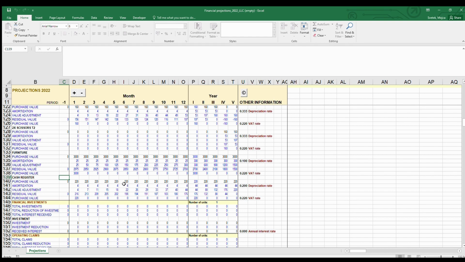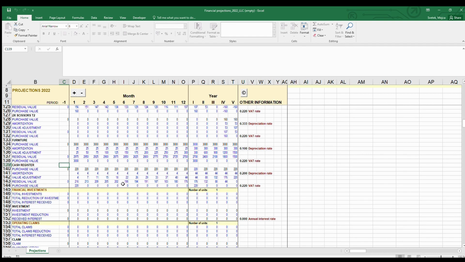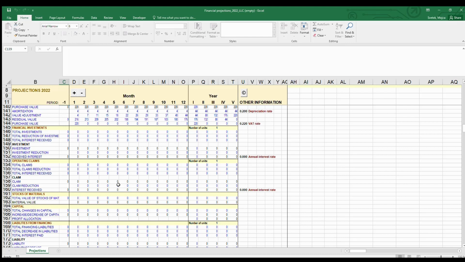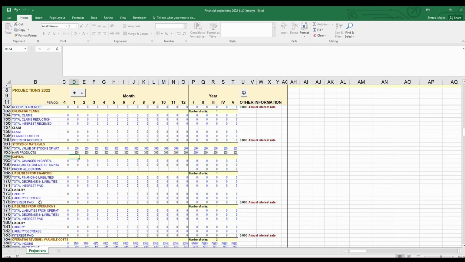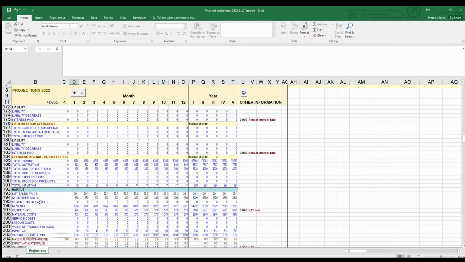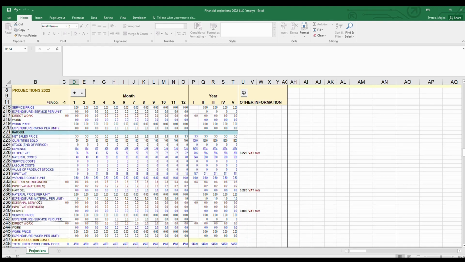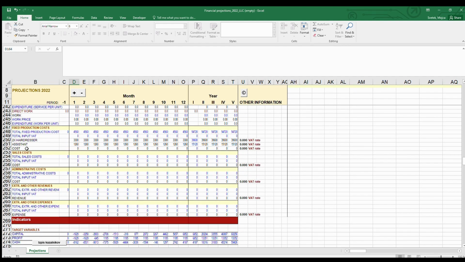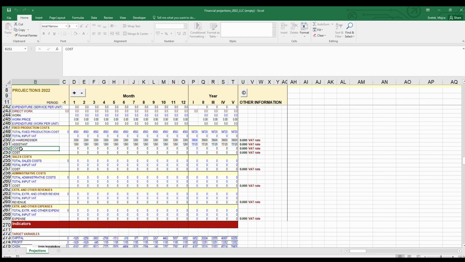Let's move to the stock of materials now. Justina plans to hold an inventory of materials worth 300 euros at any time, which we will record under stock of materials. She also has other expenses. She will rent a place for 500 euros per month. VAT is not applicable here.